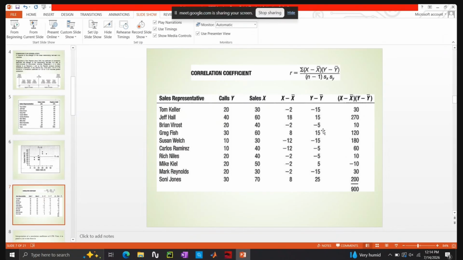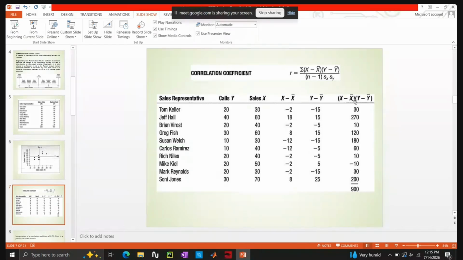Please show these detailed calculations, so that even if you make small mistakes, it will be easier for me to detect where you made the mistake, so that I can give you more marks in the exam.